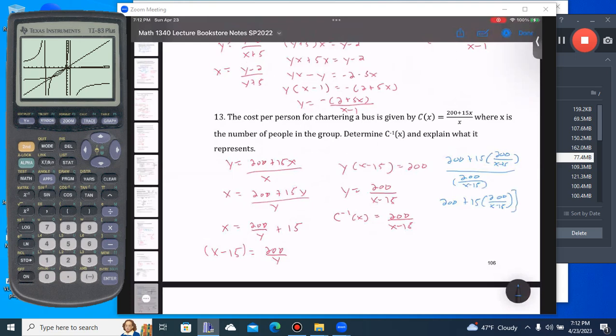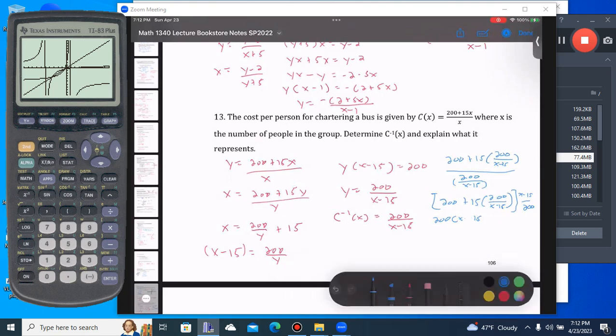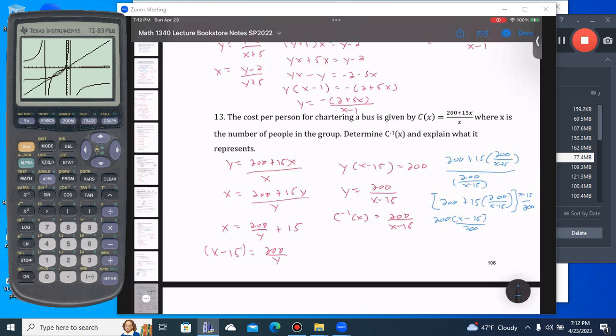And then that whole thing is multiplied by x minus 15 over 200. So we'll have 200 times x minus 15 over 200. And then the 200s cancel when we distribute it to the second term, so we get just 15. You get x minus 15 plus 15. That's going to equal x. Okay, so they're inverses. But what does it mean?